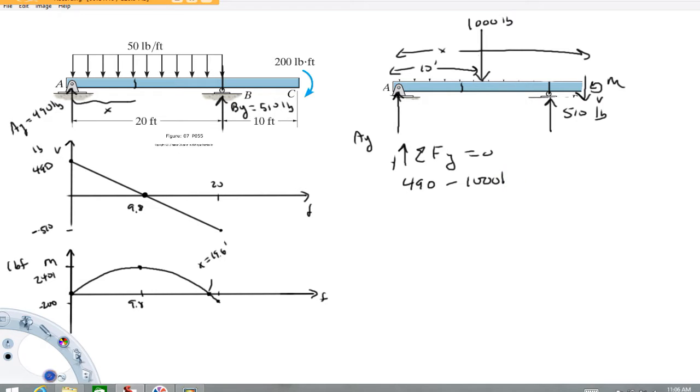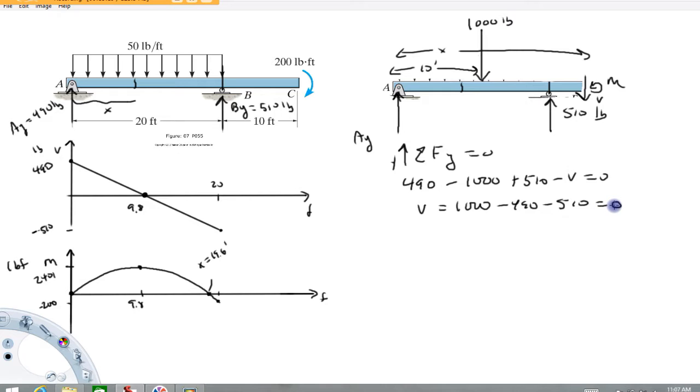Plus 510 pounds for this guy, and then minus our shear force, equals 0. So our shear force is going to be 1,000 pounds minus 490 minus 510, and we double check that, and we get 0 out of that.